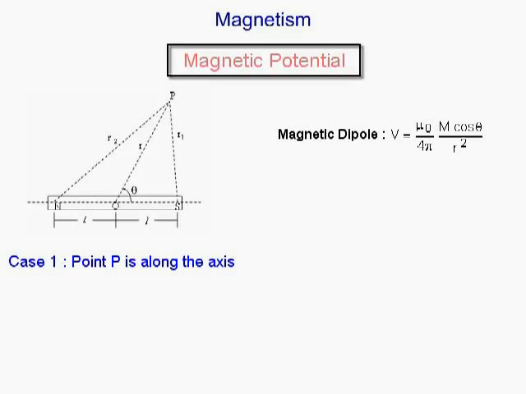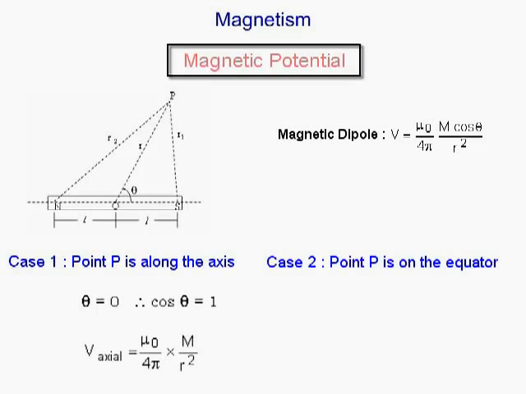If point P is along the axis of the dipole, line OP will make angle 0 with the axis of the magnet. Hence, theta is equal to 0 and cos theta is equal to 1. And then we get the formula for magnetic potential at axial point as mu naught upon 4 pi m upon r square.